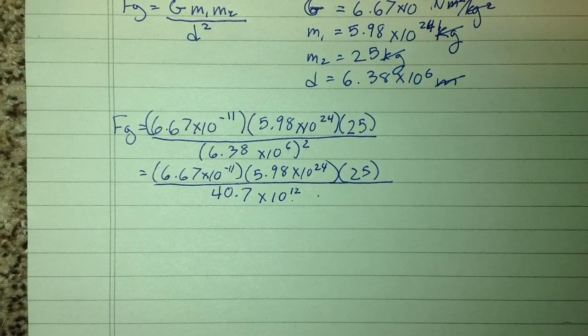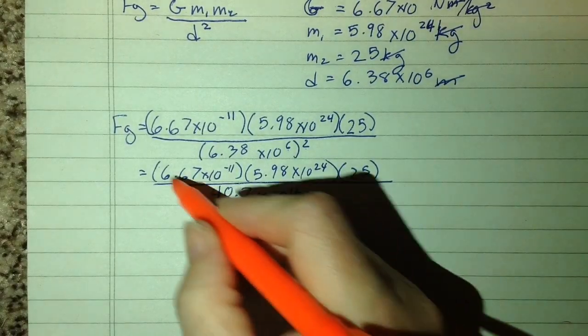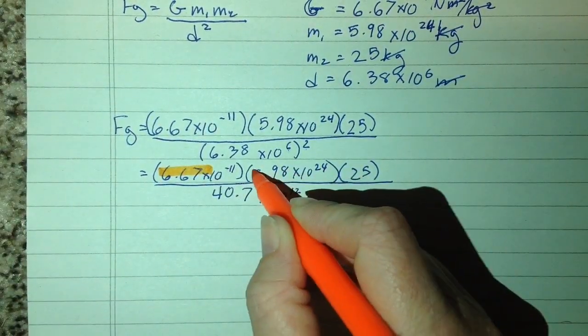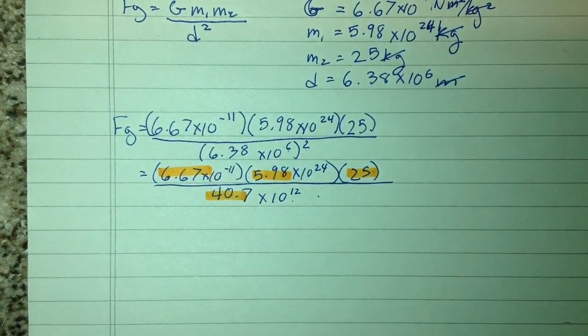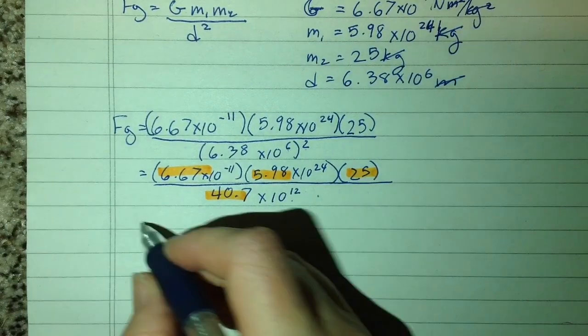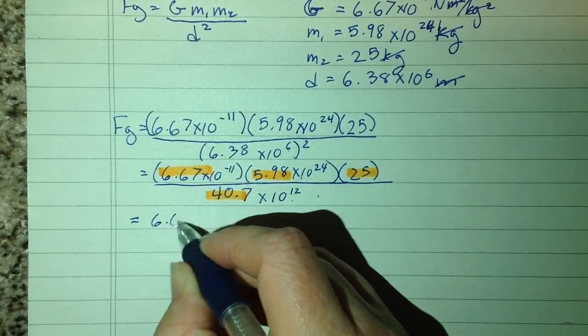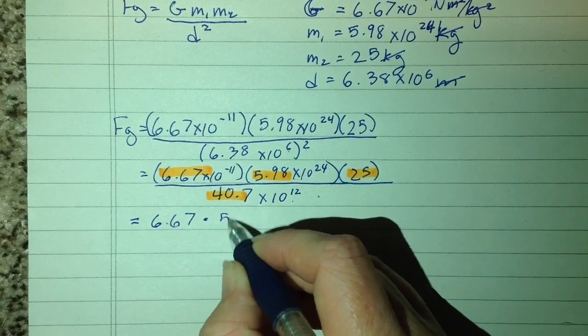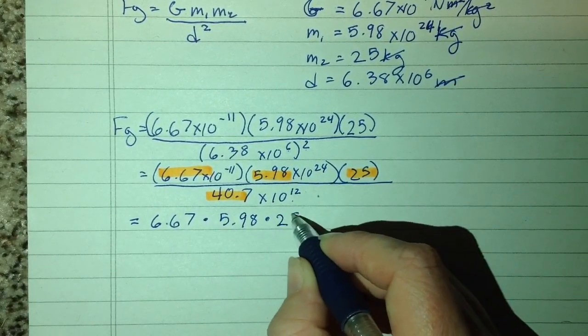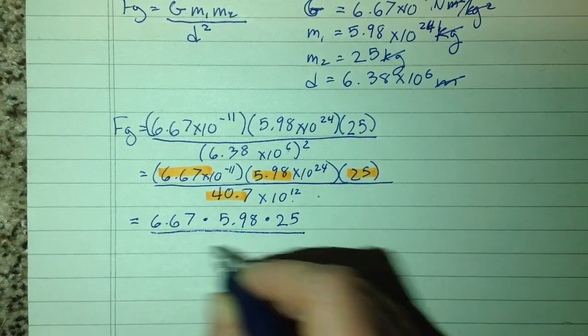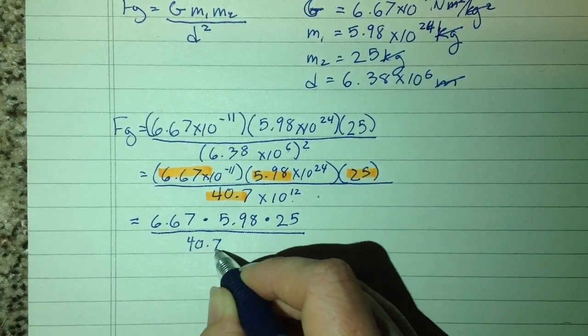Right? Now, at this point in the problem, I want to separate it out into two separate problems. So I'm going to look at just my numbers, and then I'll look at just the scientific notation as a second problem there. So I would have 6.67 times 5.98 times 25 divided by 40.7.